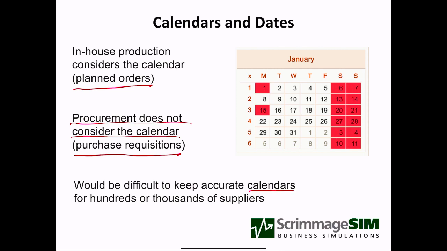Some suppliers might work Saturdays, might take different holidays, and managing those calendars when there may be thousands of suppliers is a difficult task. So it's up to the material planner to understand when holidays come up, for example, when we're getting close to Thanksgiving, that purchase orders and purchase requisitions should be adjusted to allow for holidays and weekends and busier periods.